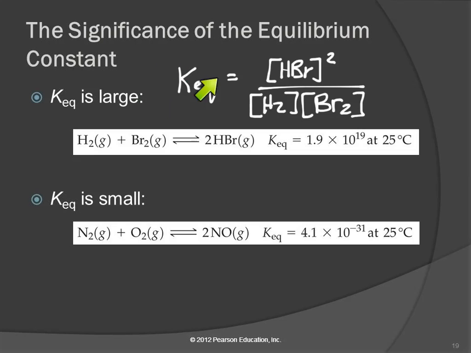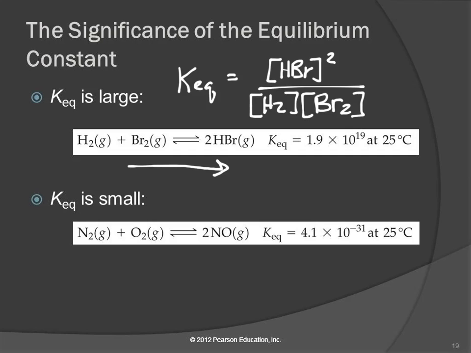So if this is a really big number, what does that tell us about the relative concentrations of products and reactants? Which one must be larger? If this whole thing is a big number, that means that the concentration of the products must be large compared to the concentration of reactants, which tells us that this reaction goes more to the right.